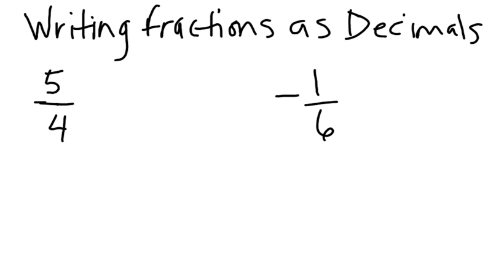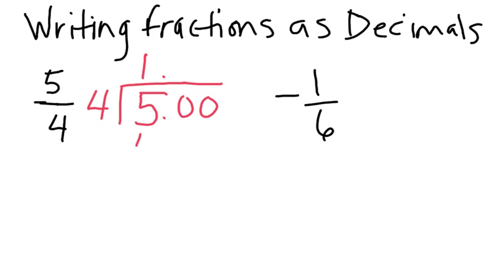So if I was going to change 5/4 to a decimal, I could say 5 in the box, 4 out here, and I could divide. Let's just do that. Okay, 4 goes into 5 one time. Bring down a 0. 4 goes into 10 two times.